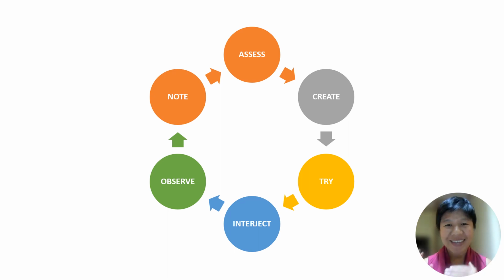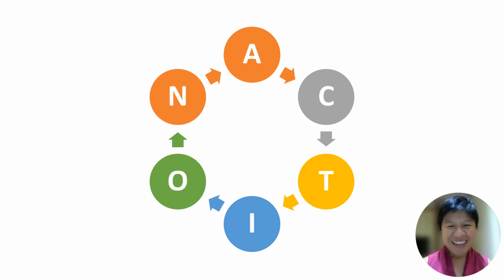Assess, create, try, interject, observe, and note. Did you notice anything? The first letter of each word come together to spell ACTION or action so that it will be easier to remember each step.